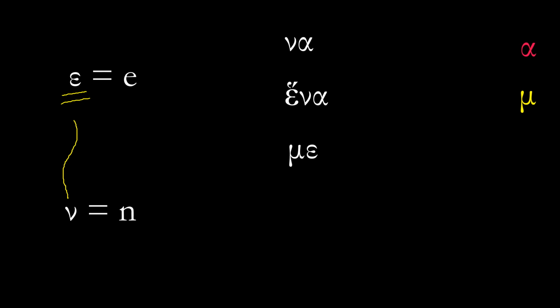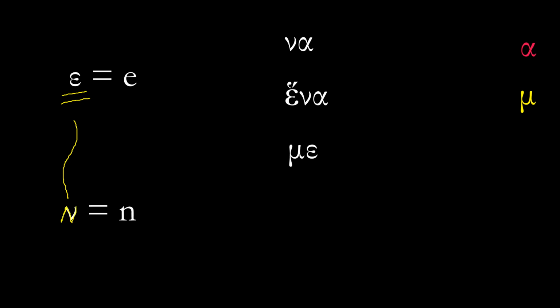And down here, don't be fooled. It looks like a V, but this is the letter ni. And it sounds like the N. And you might be wondering why it looks the way it does. Well, Greek originally had no lowercase letters. They're actually very new. Everything was written in uppercase letters, and ni used to look like this.